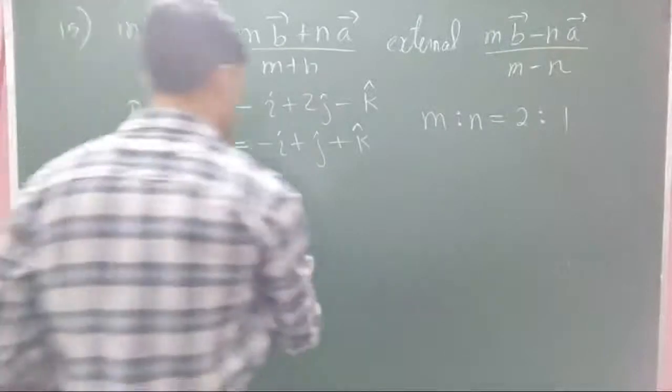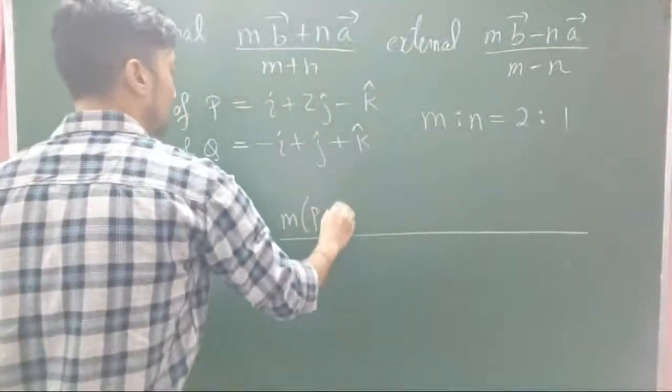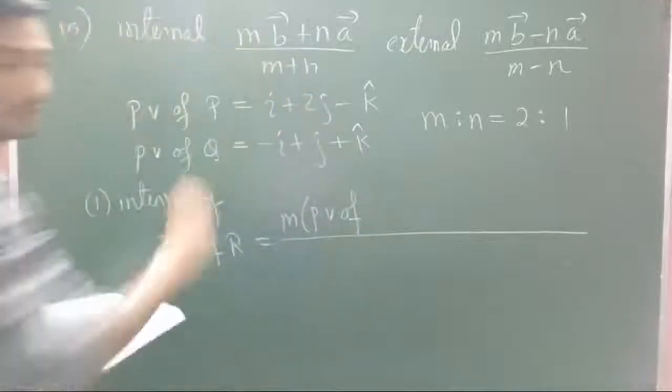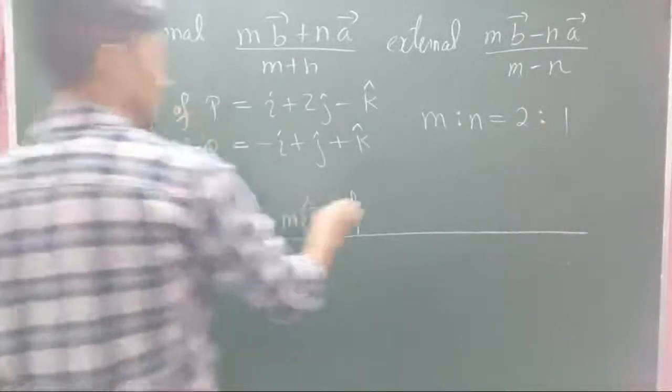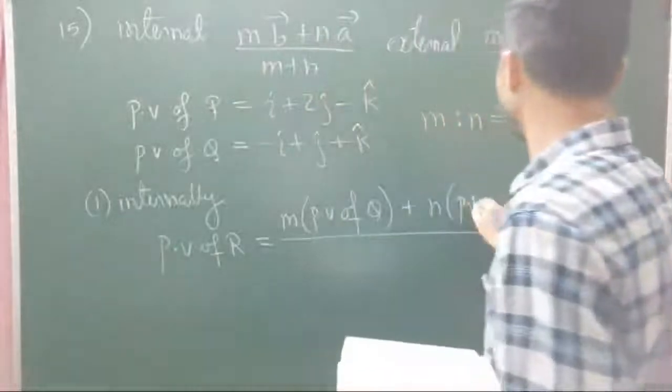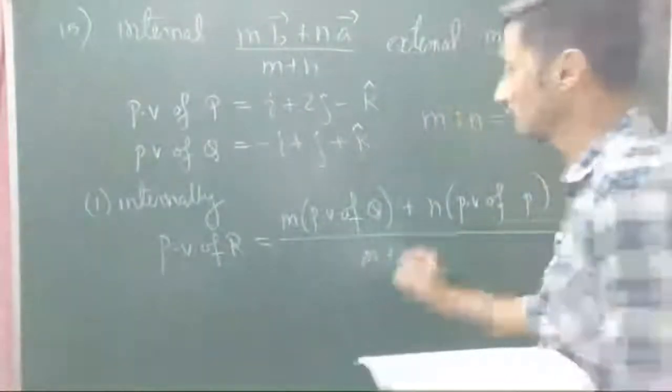It will be m into the position vector of this one, vector B. So here B actually represents the second point, that would be Q, isn't it? PQ. So position vector of Q plus n into position vector of P divided by m plus n.